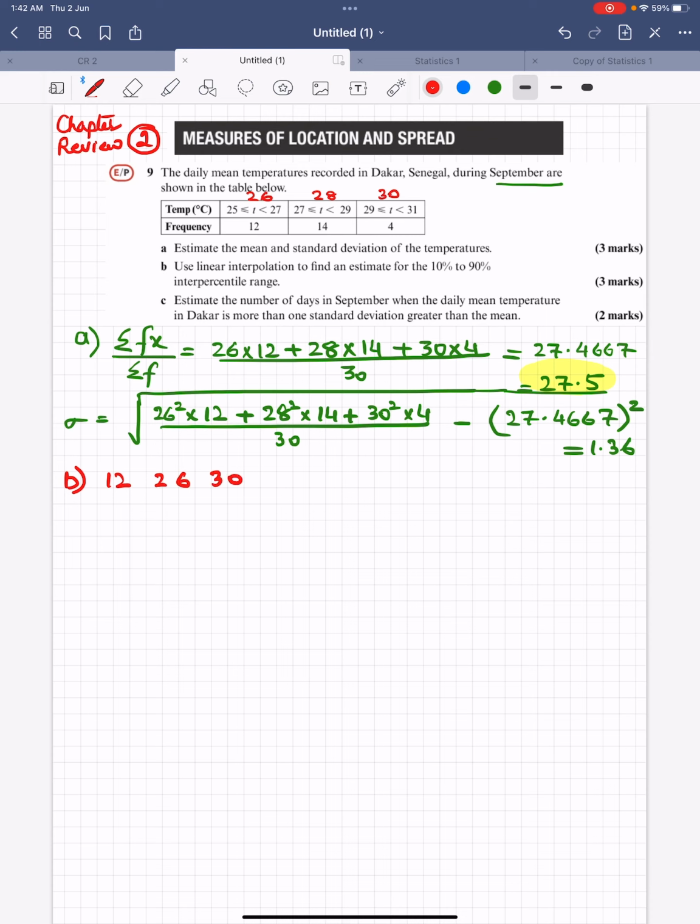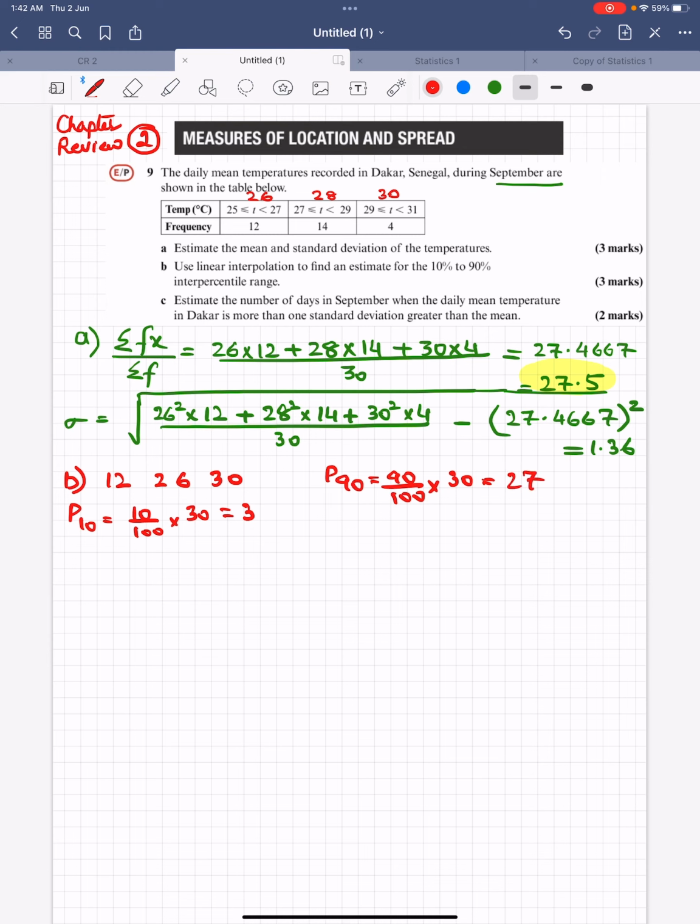The 10th percentile, P10, is 10% of 30, which is 3, and the 90th percentile, P90, is 90% of 30, and that is 27 days.